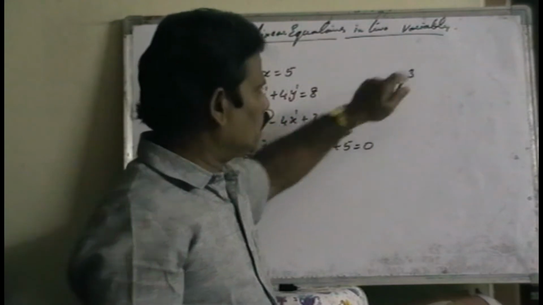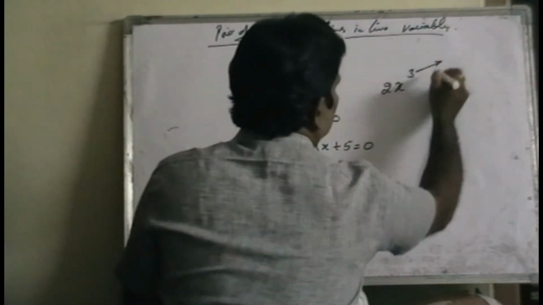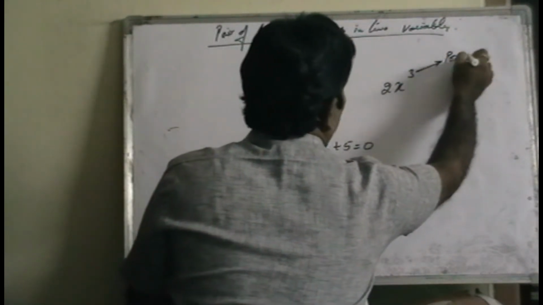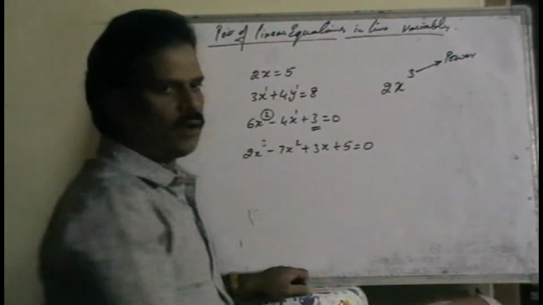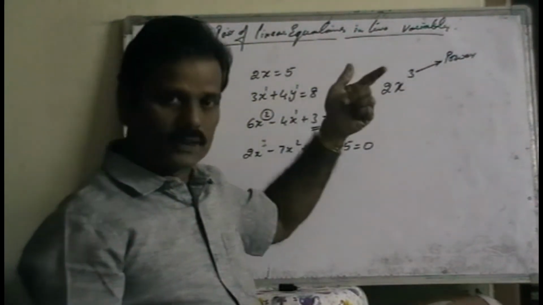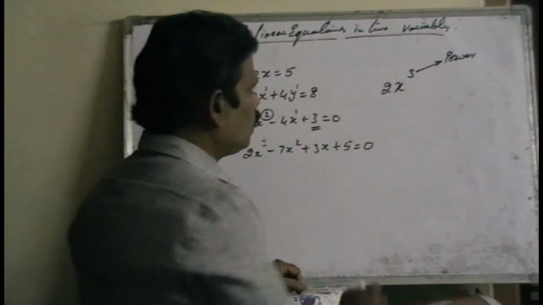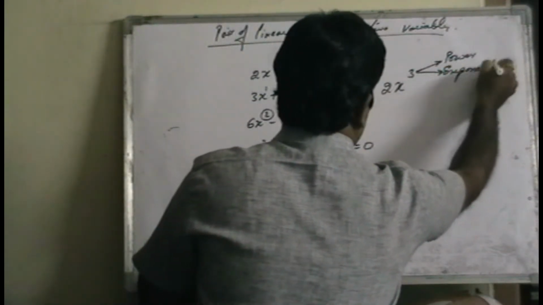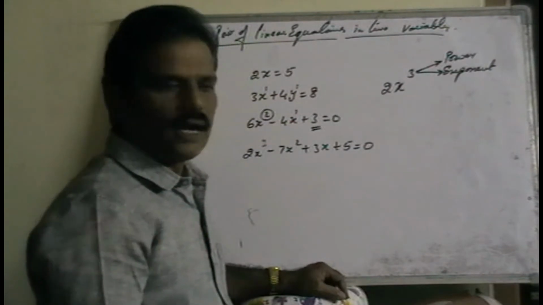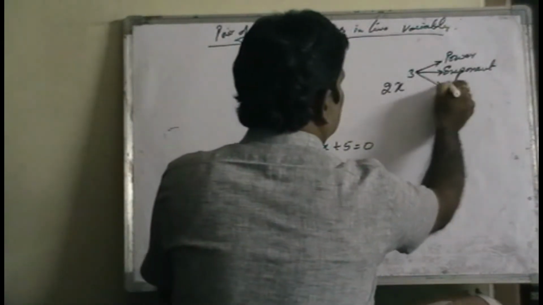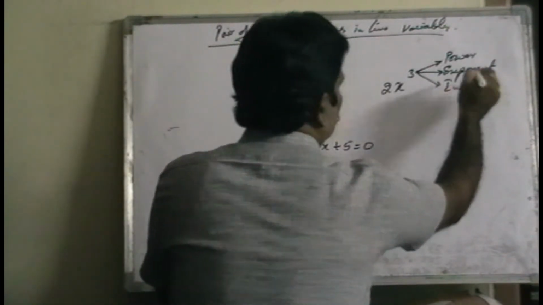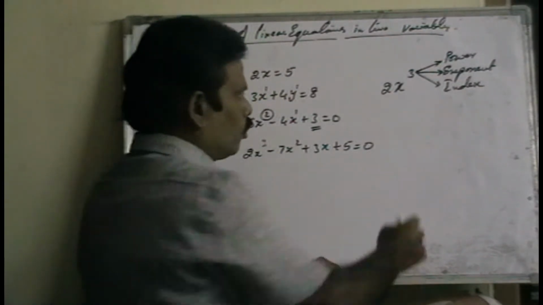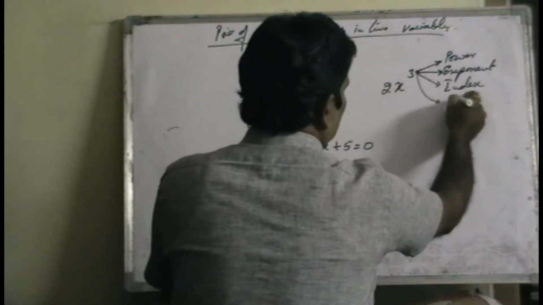Now this 3 is called the power. It is a general word: x to the power of 3. So it is a power. Right? And it is also called the exponent. And also it is called the index. And one more word, that is what? Degree.